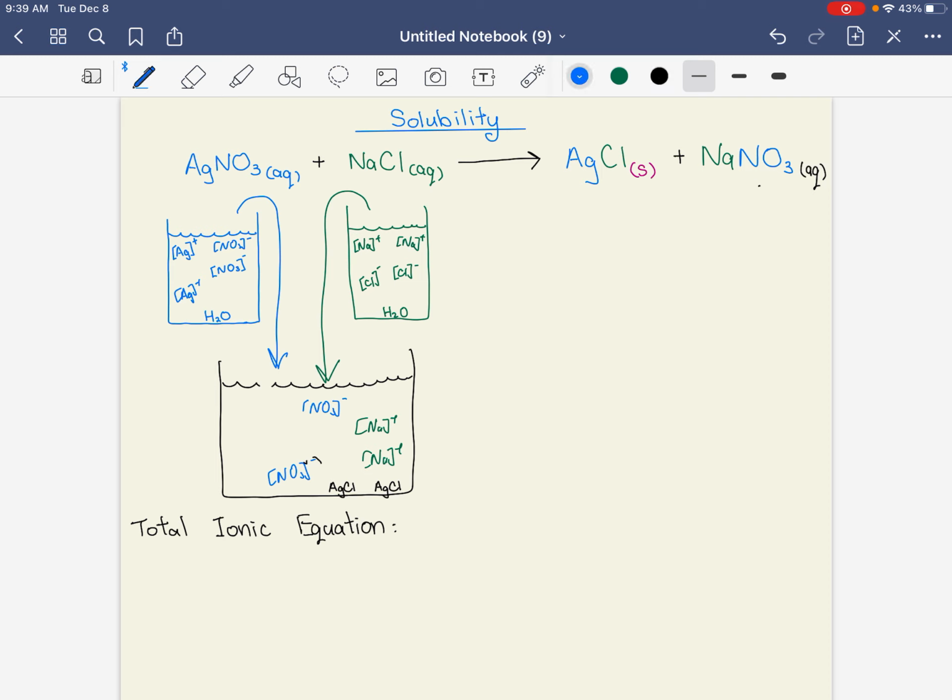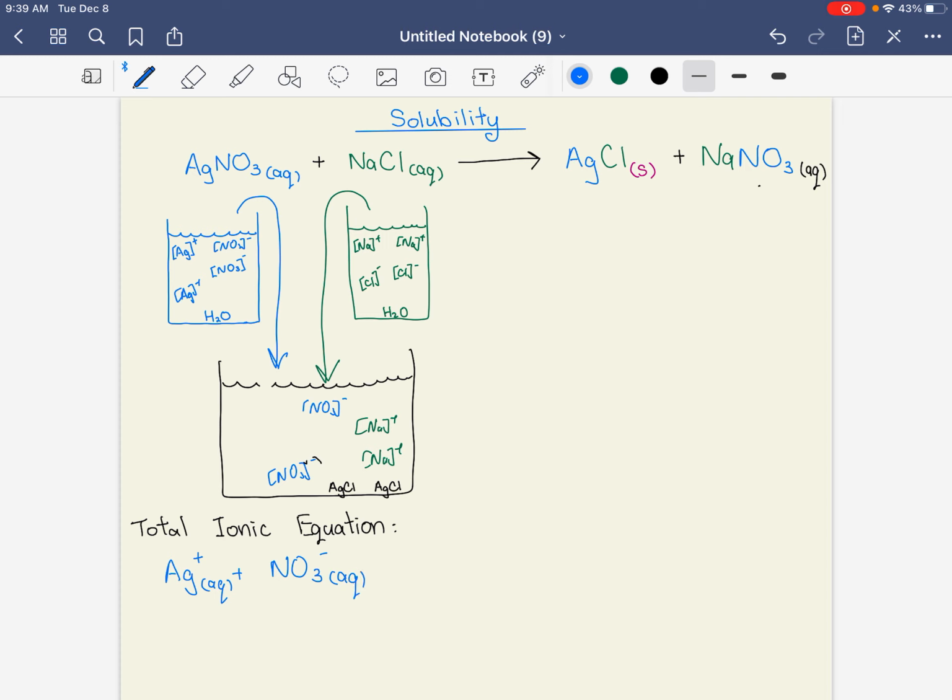Let's look carefully. Okay, so this is the base double displacement reaction that we all know how to do. So what we're going to do with the total ionic equation is that we're going to break all the aqueous compounds apart into their component ions. So instead of saying AgNO3, I'm going to say Ag plus NO3 minus, because that's exactly what happened in aqueous situation.